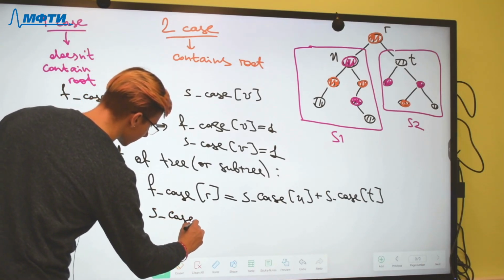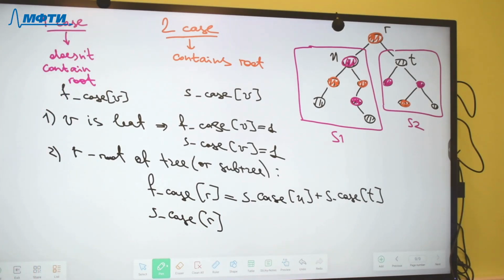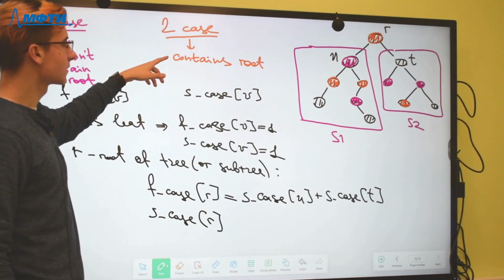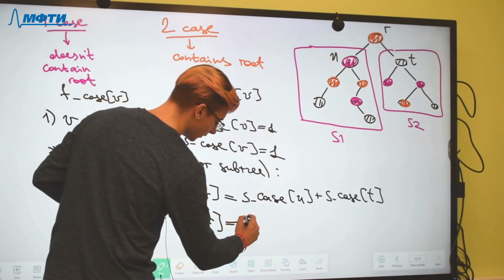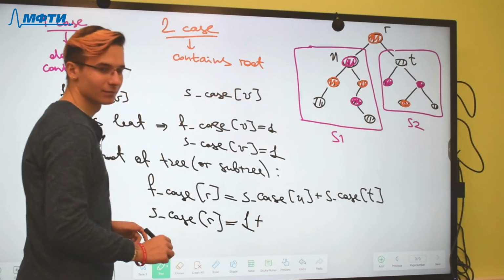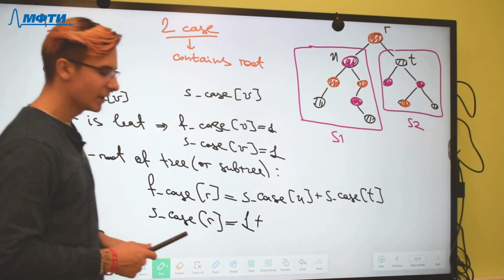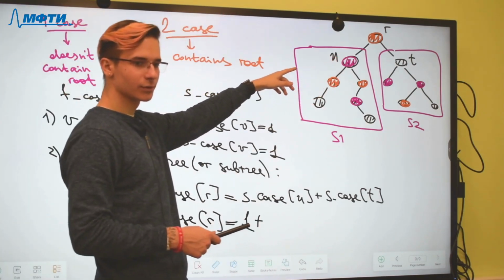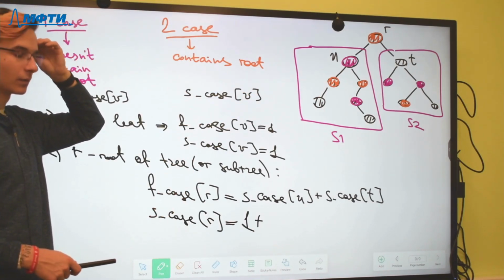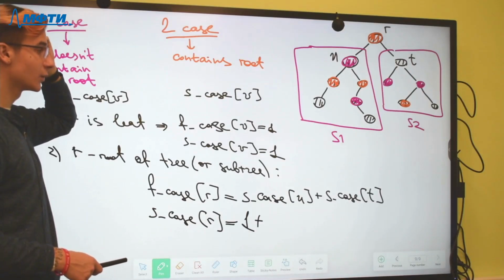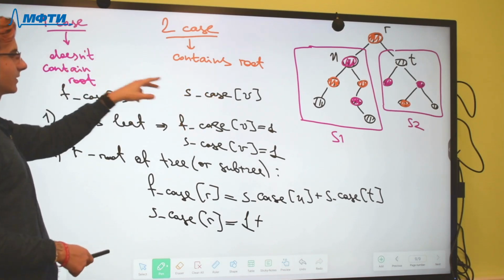And the second case, if we find an independent set that contains the root, we say that root plus, we cannot add children of the root to the independent set because they're adjacent to the root. So we need to add the maximum independent set that doesn't contain the children.